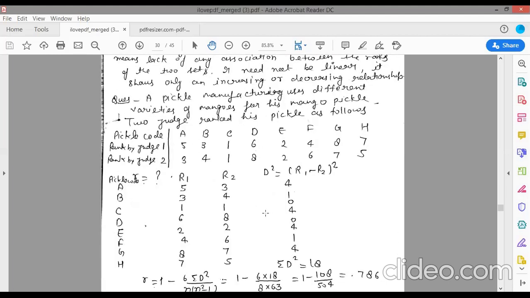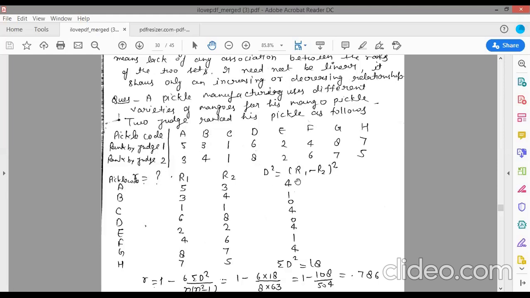So a company manufacturing mango pickle uses different varieties of mangoes, and to judge, the pickles are ranked as follows. Pickle code, rank by judge 1, rank by judge 2.